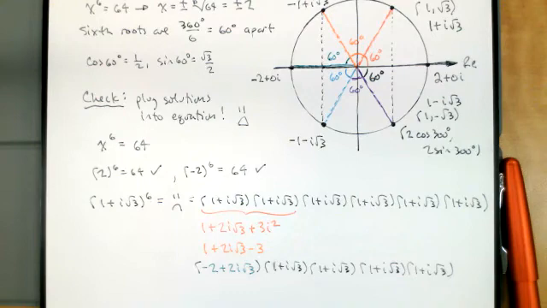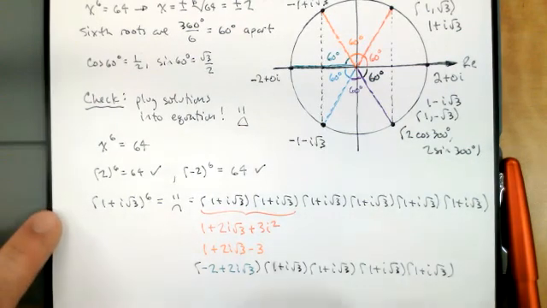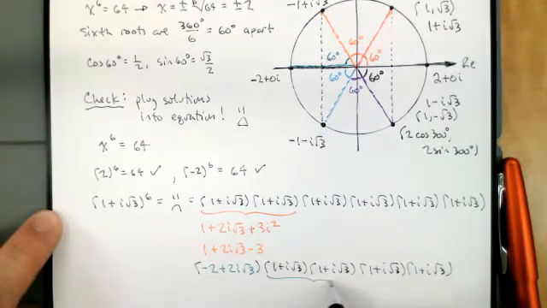Notice that there's 4 copies of 1 plus i root 3. I know what the product of 2 of them is. So I'll just replace these with -2 plus 2i root 3. And I'll replace this one with -2 plus 2i root 3.